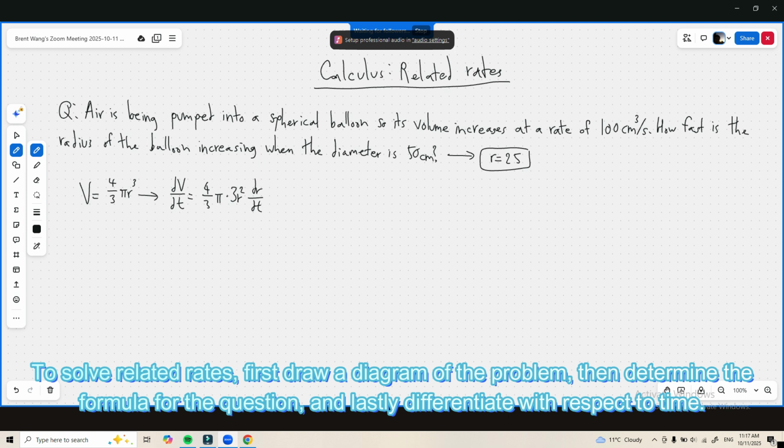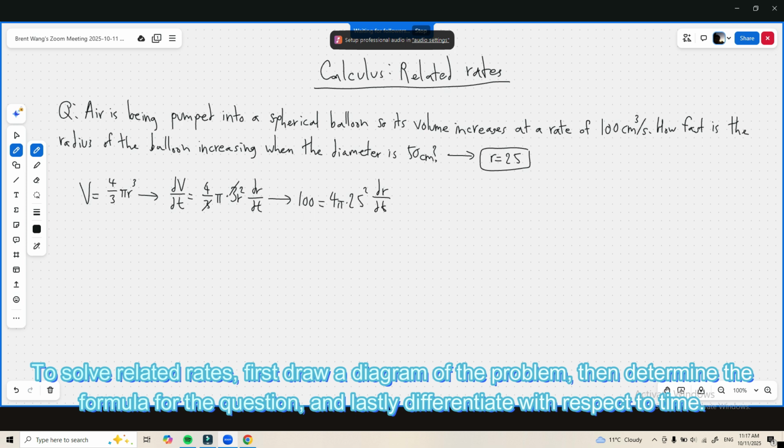Volume is increasing at 100 centimeters cubed per second. So 100 is equal to, these threes cancel out, 4 pi times 25 squared dr/dt.